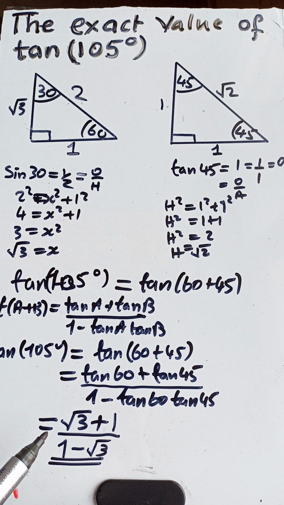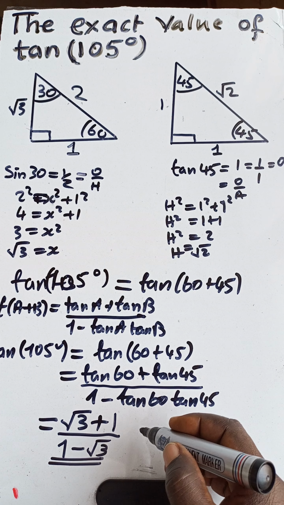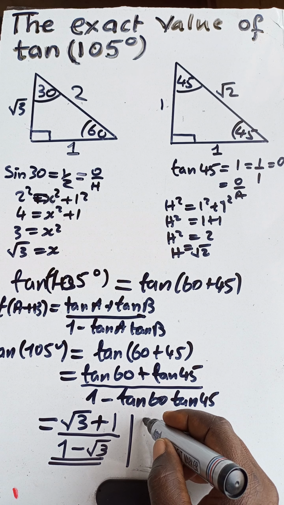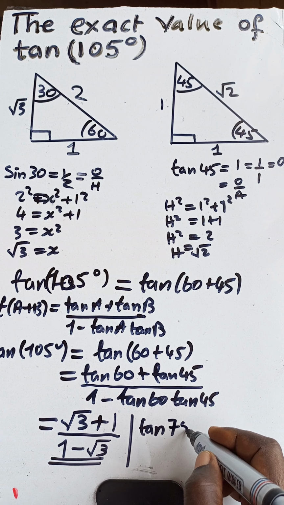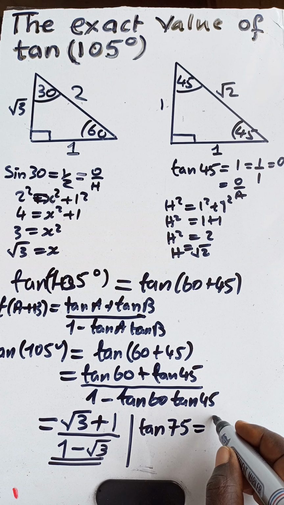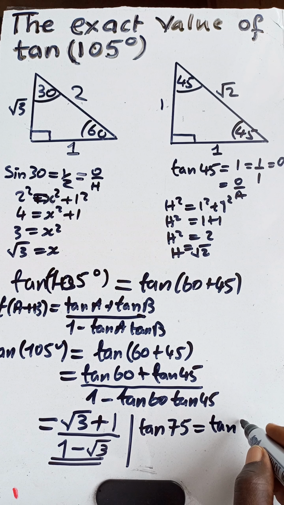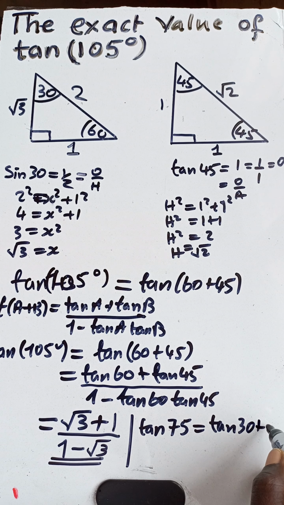The values that the calculators give are approximate values. We can even make an extension. If you are given, for example, tan 75 degrees, this is the same as tan of 30 plus 45.